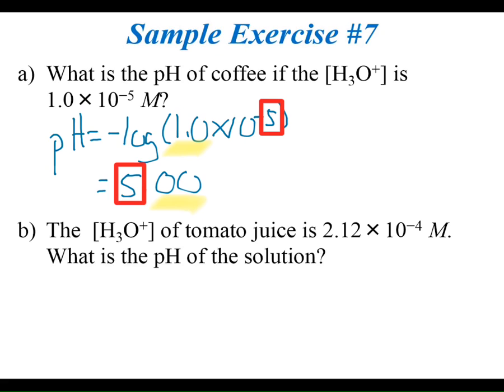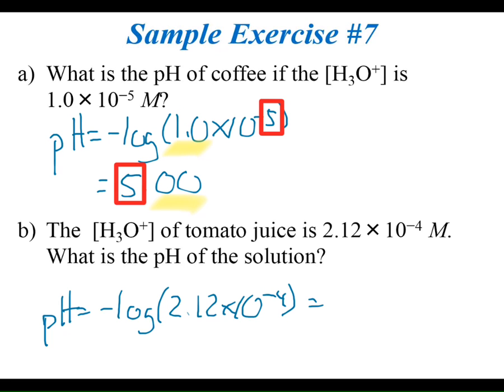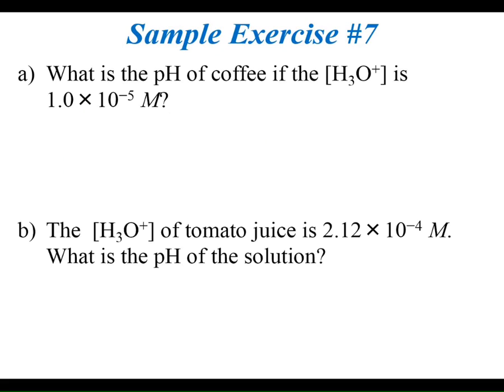So 3 sig figs here, so 3 decimals afterwards, right? So, try that again. The pH of negative log of 2.12 times 10 to the negative fourth molar, 3.674. Awesome. Great.